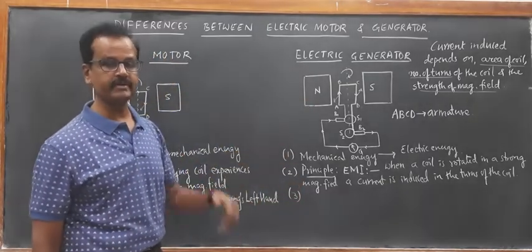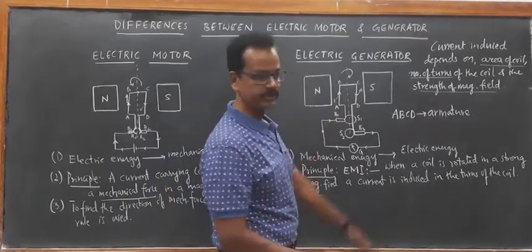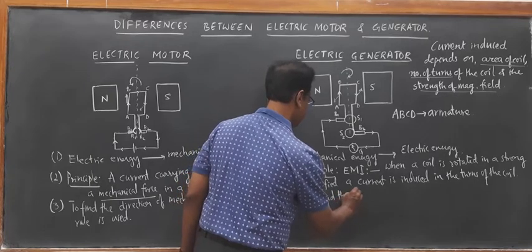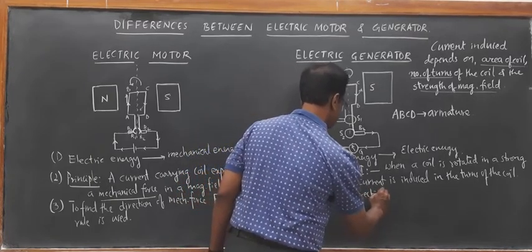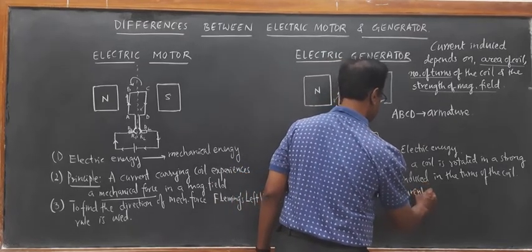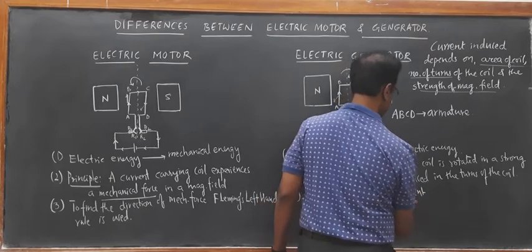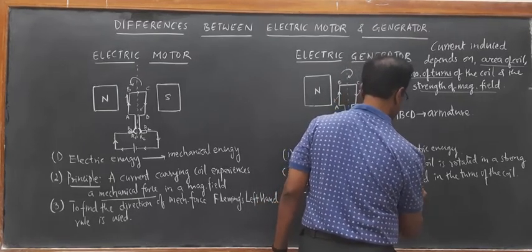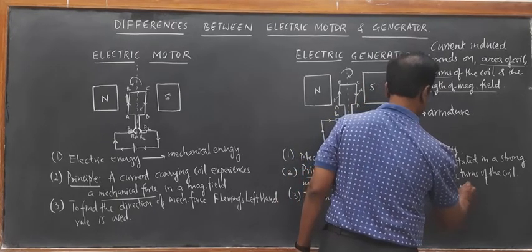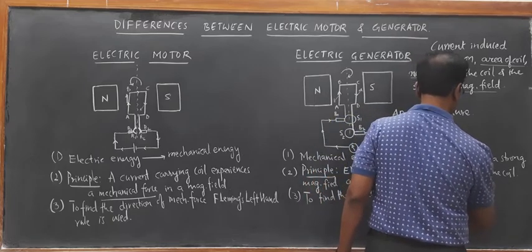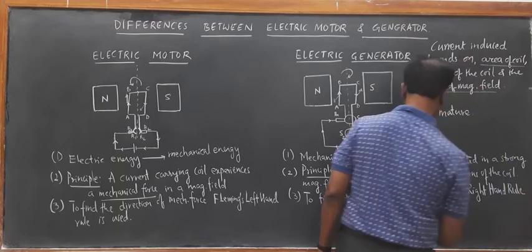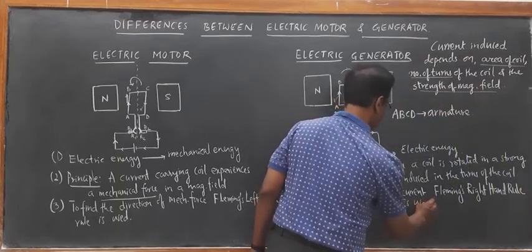So to find the direction of current, Fleming's right hand rule is used.